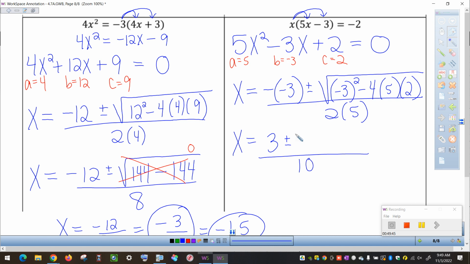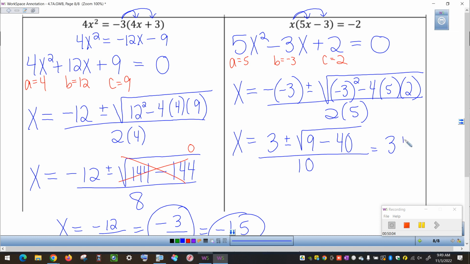And then inside of our square root, we get positive 9 minus, well, 4 times 5 is 20, and 20 times 2 is 40. So when we do 9 minus 40, that's actually going to go into the negative. It's negative 31, square root of negative 31.